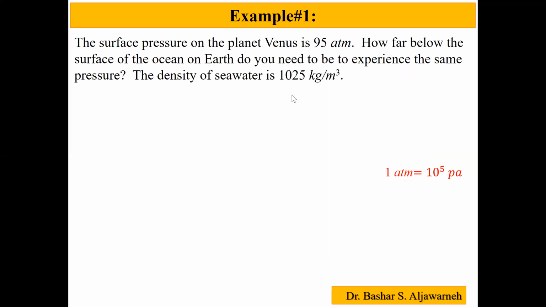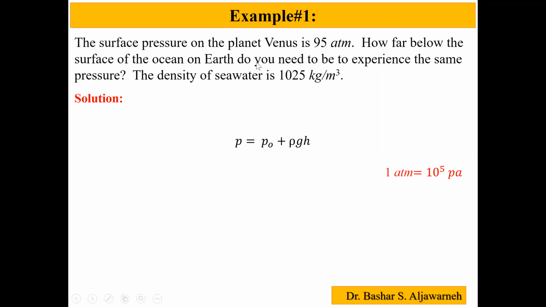As we know, the pressure at a certain depth equals P naught plus rho gh. Now, rho is given, g is given. We are calculating for h. So we have only one unknown, which is the depth or the height.